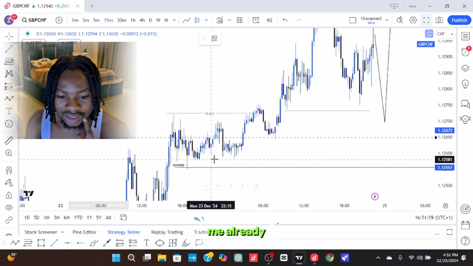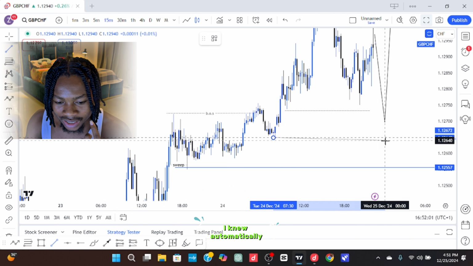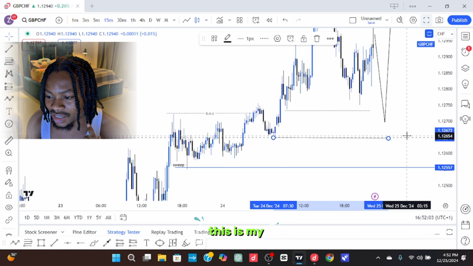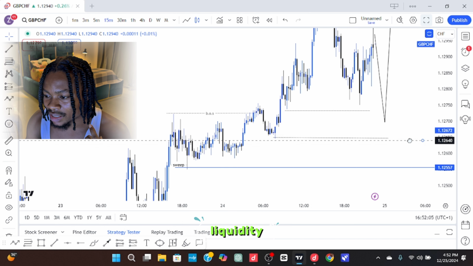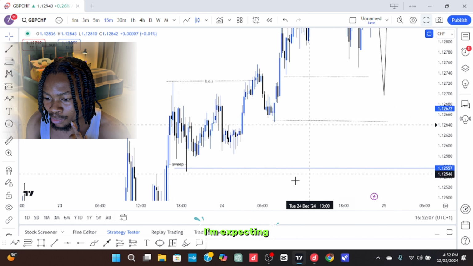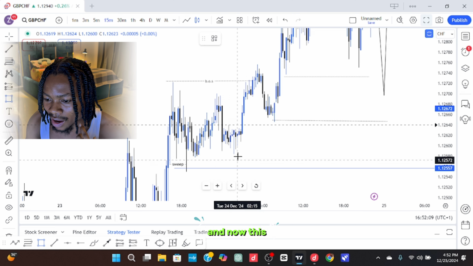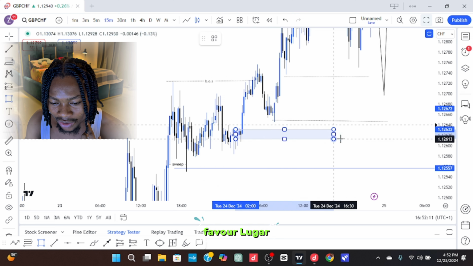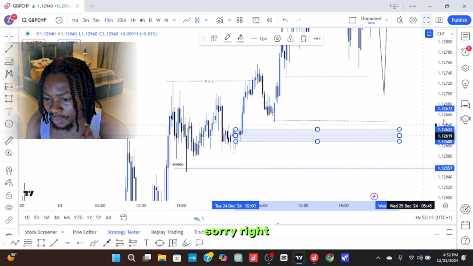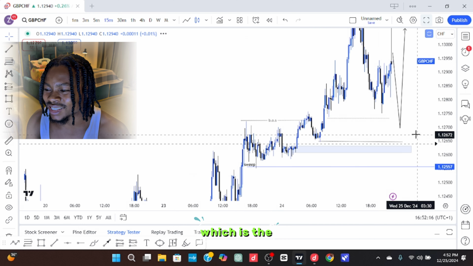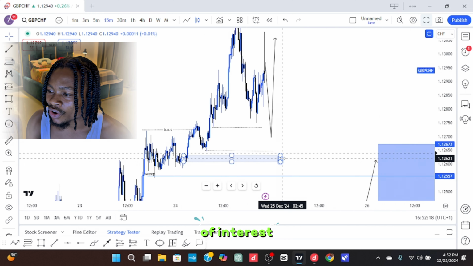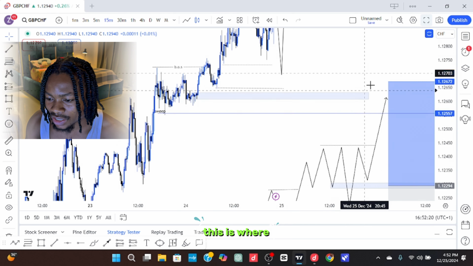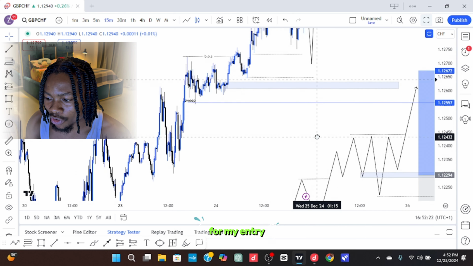What does this tell me? Already I knew automatically in my mind that this is my structural liquidity. That is where I'm expecting price to take out. And now this fair value gap, order block, right here, which is the main point of interest of buyers, is where I'm looking for my entry.